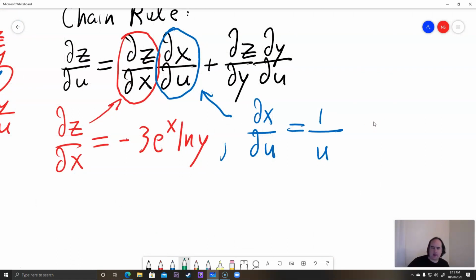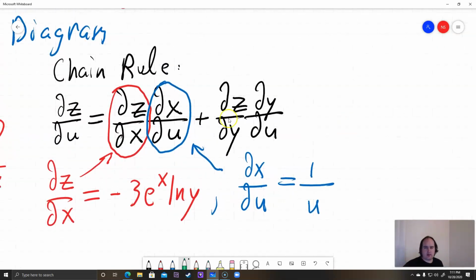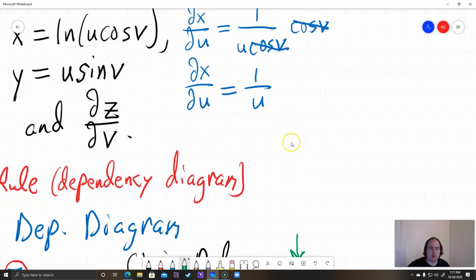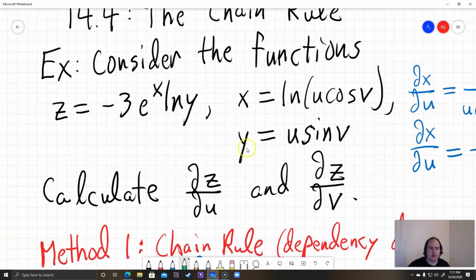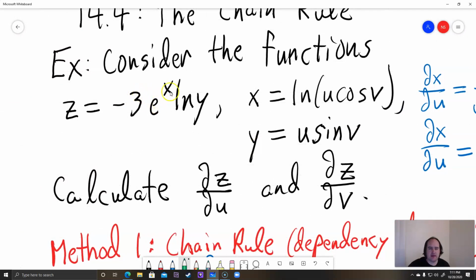Alright, and I'm probably going to run out of colors before long, but let's go ahead and do partial z partial y next. Okay, partial z partial y. So for partial z partial y, we said z equals negative 3 e to the x ln of y. So partial z partial y means that x is constant. So we're literally just taking the derivative of the ln of y, which is going to be 1 over y.